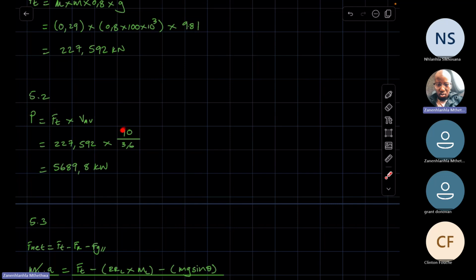So the constant speed being 90 kilometers per hour means the average velocity will be 90 kilometers per hour. Then you convert the kilometers per hour to meters per second, hence the divided by 3.6 here. And this is what you get. The product of this gives us 5689.8 kilowatts.